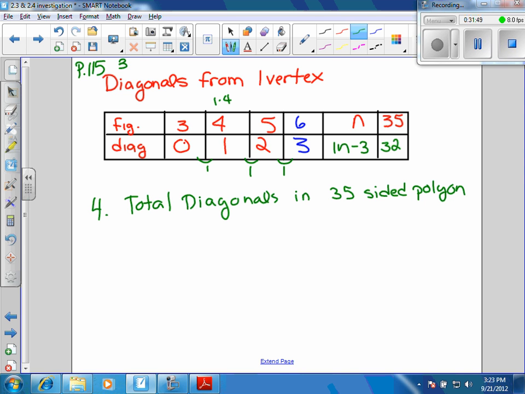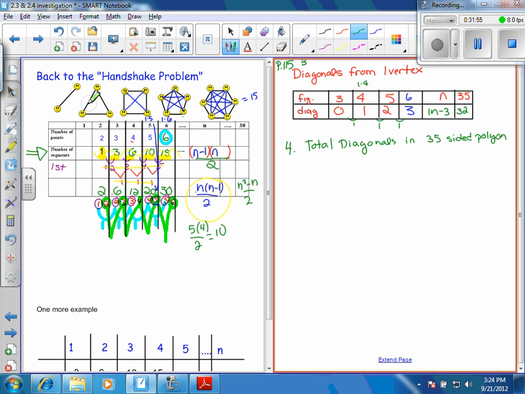Okay, but this is what I want you to think about. Did we already draw a picture like this somewhere? Isn't that the handshake problem? Boys, isn't it the handshake problem? Wait a minute.